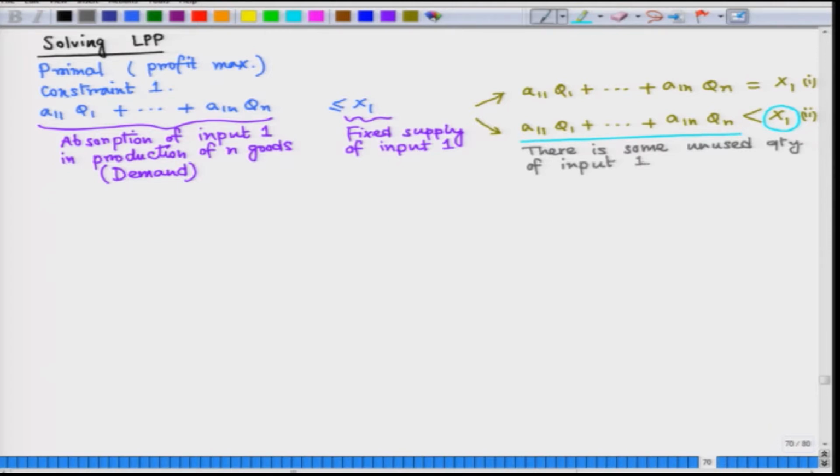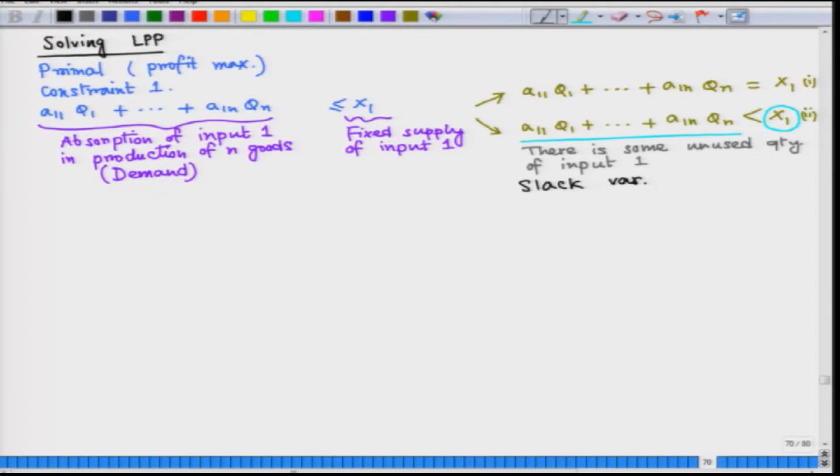Okay. So, we can use a concept called slack variable, and the slack variable could be used to convert this strict inequality into an equality.